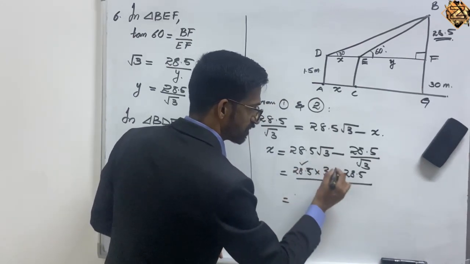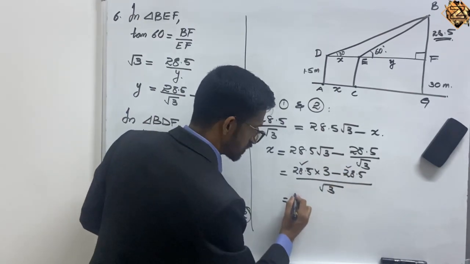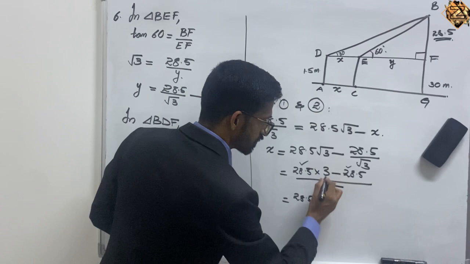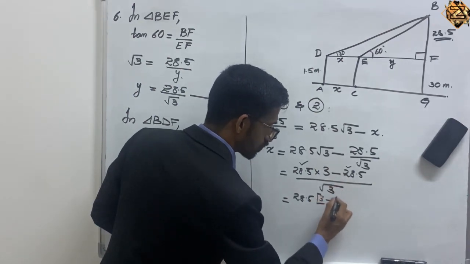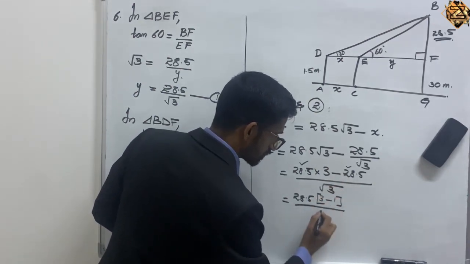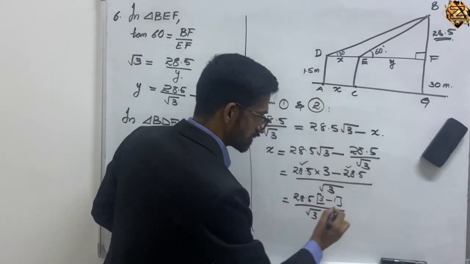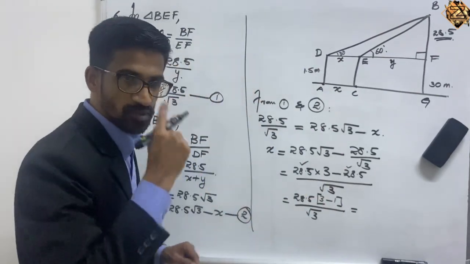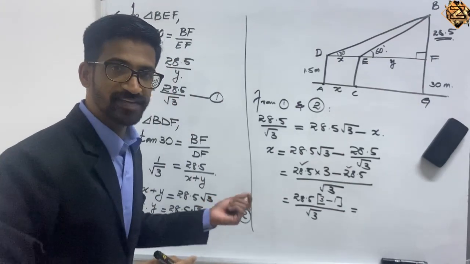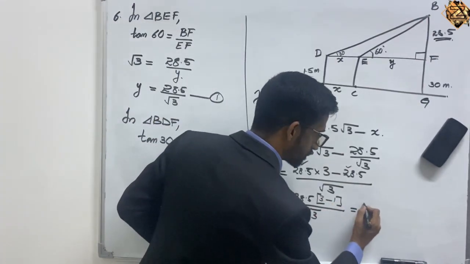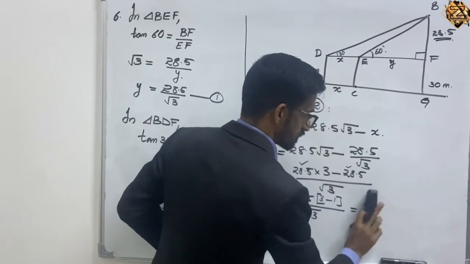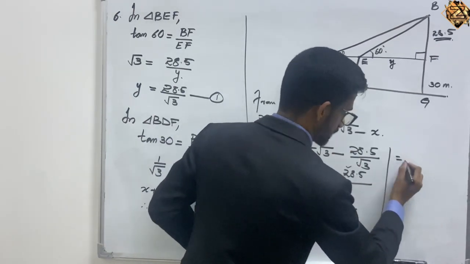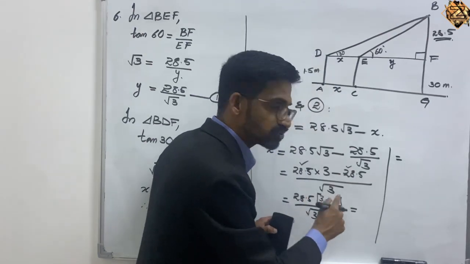So 28.5 of 3 minus 1 by root 3. That is 28.5 into 3 minus 1, that is 2. 28.5 into 2, that is 57. So that's equal to 57 by root 3.